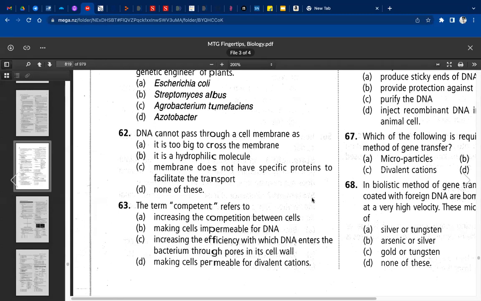DNA cannot pass through the cell membrane as: option A, it is too big to cross the membrane. Option B, it is a hydrophilic molecule. Option C, membrane does not have specific proteins to facilitate the transport. Option D, none of these. Yeah, and remember, the hint is in your biology practicals where you isolated DNA. So think about it and tell me your answer in the chat.